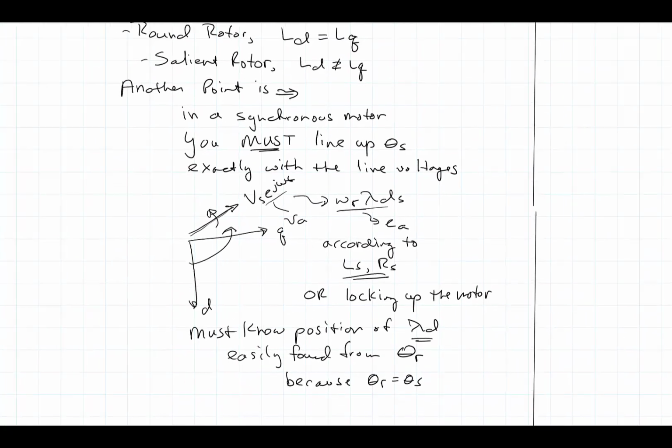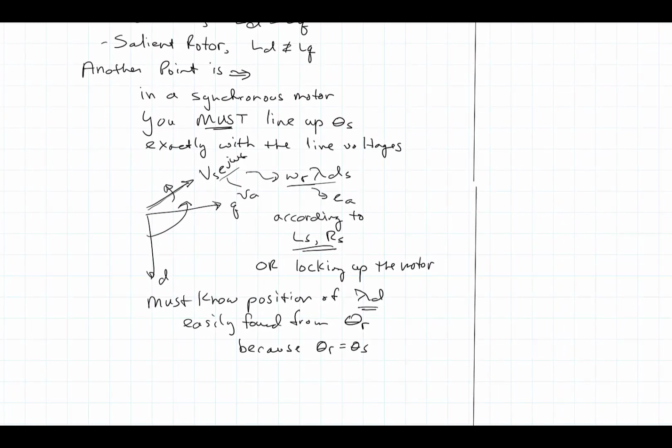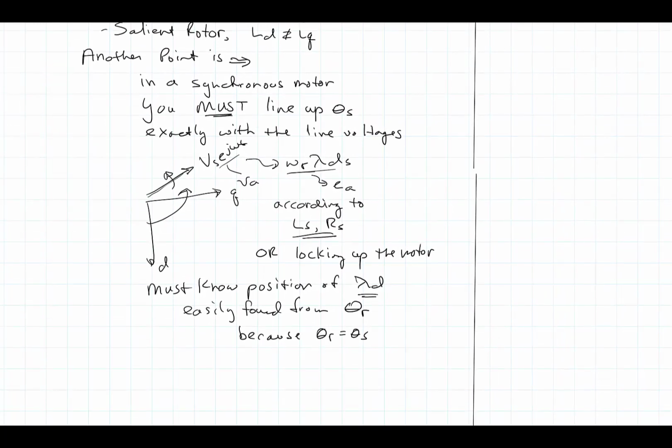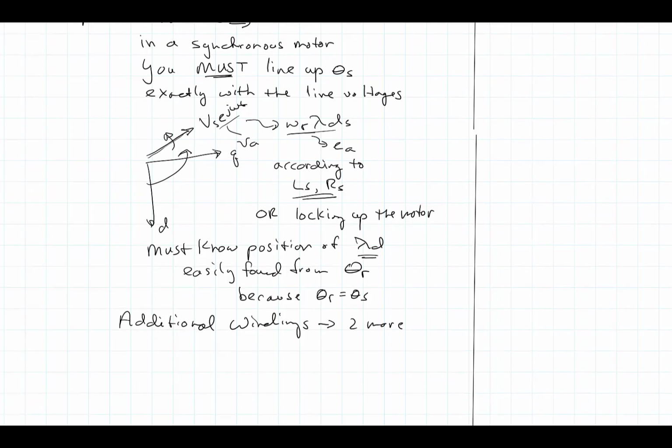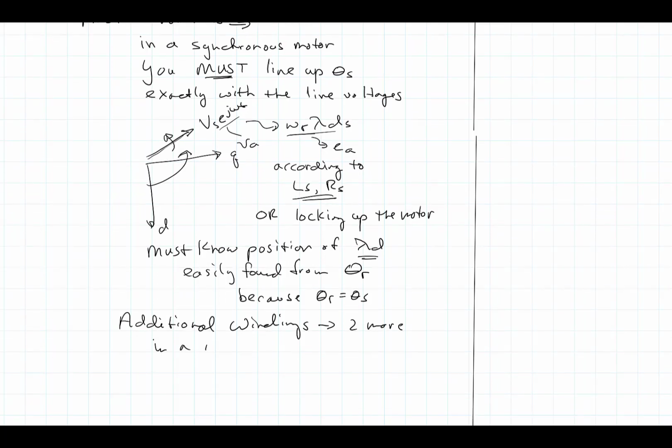Okay, so this is a kind of complex point, but what did people do before they had vector controlled drives that can achieve this type of capability? There were actually additional windings, two more windings, in a wound field synchronous motor.